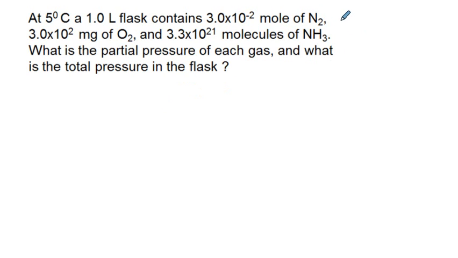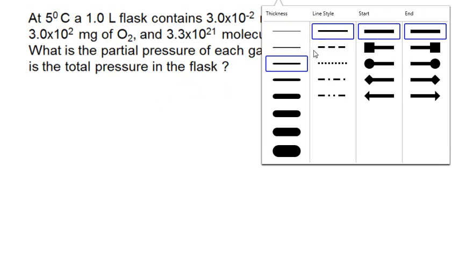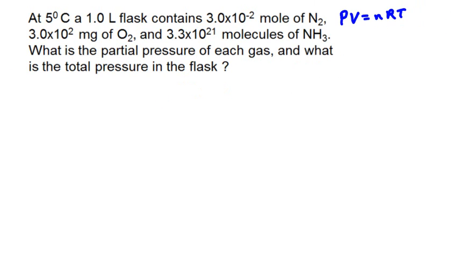And so for this, we're going to use a formula, which is this one right here, PV equals nRT. And this formula is the combination of Boyle's law and Charles' law.